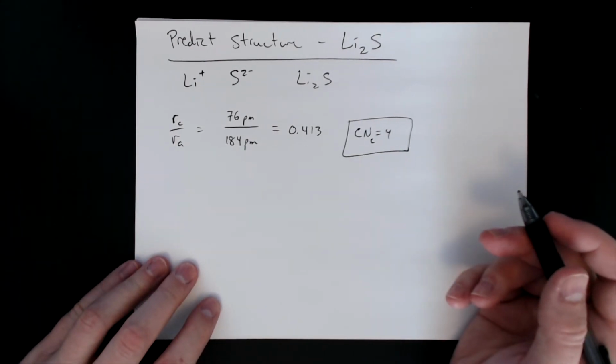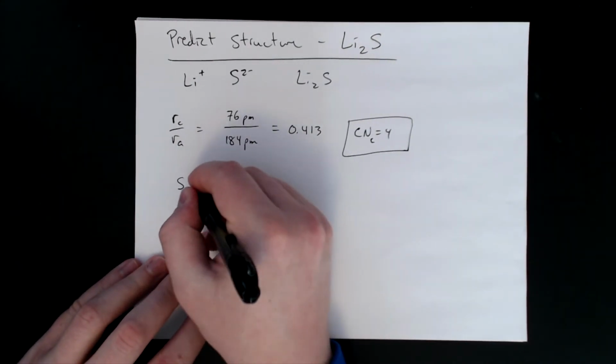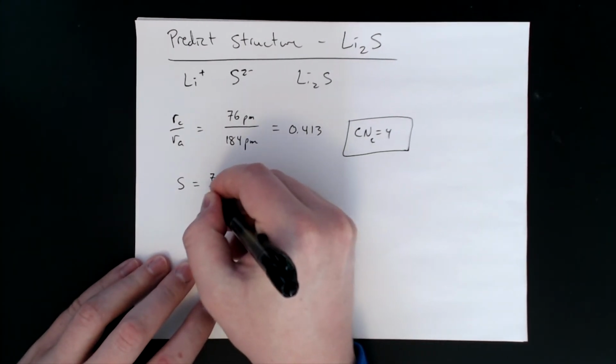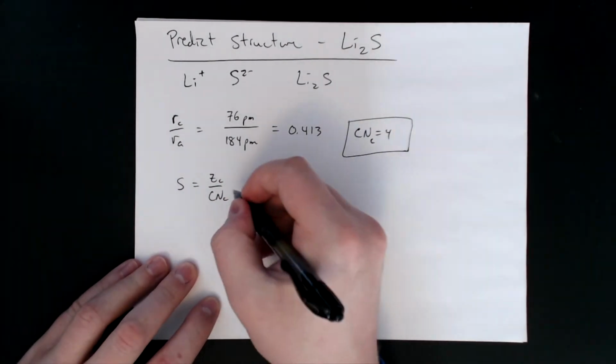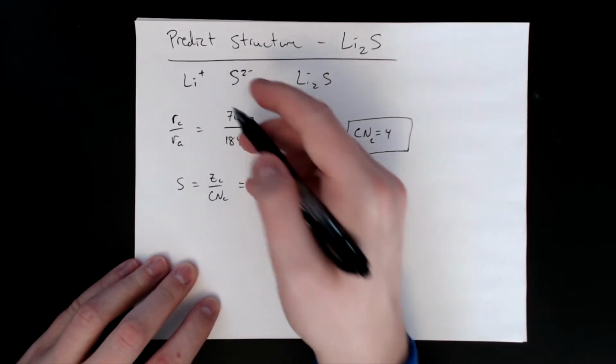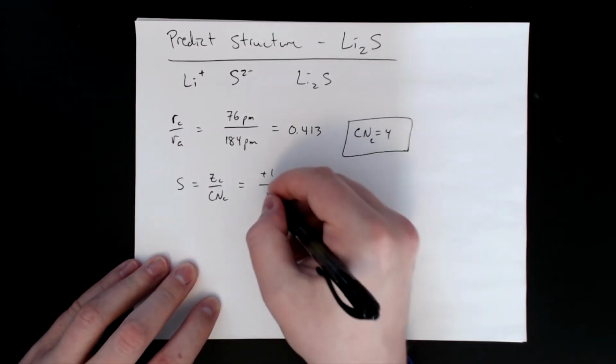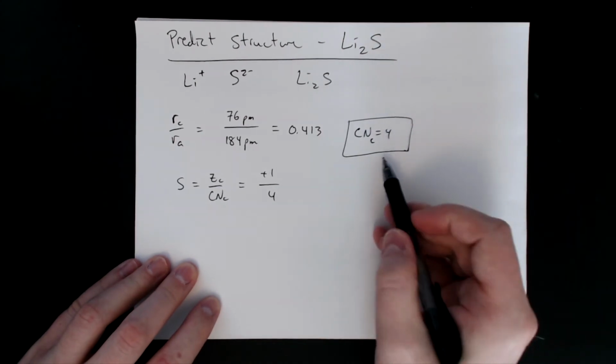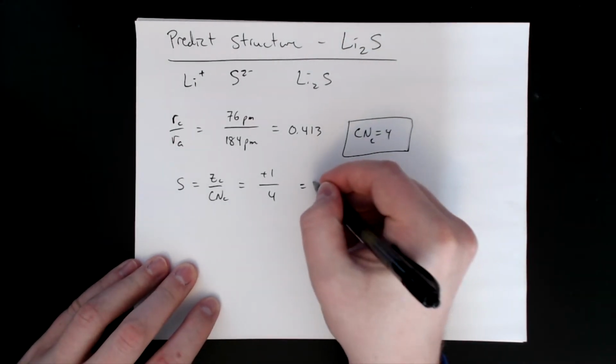And then we can use our bond strength equation, right? And we know the charge of the cation is +1, and the coordination is 4 from here. And so this is just 1/4, right?